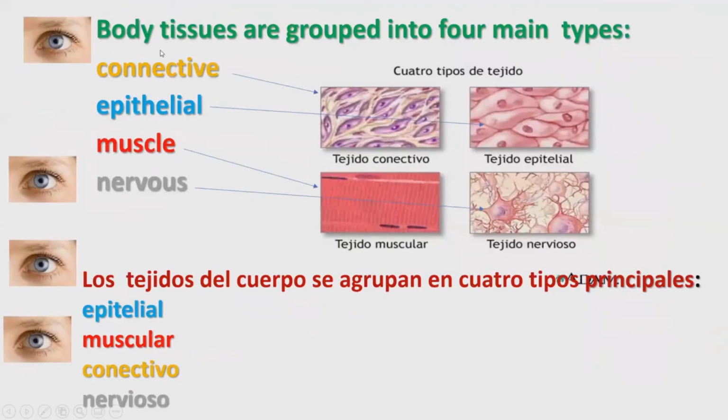Again, body tissues are grouped into four main types: connective, epithelial, muscle, and nervous.